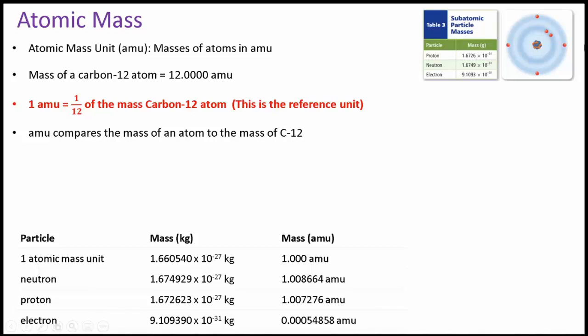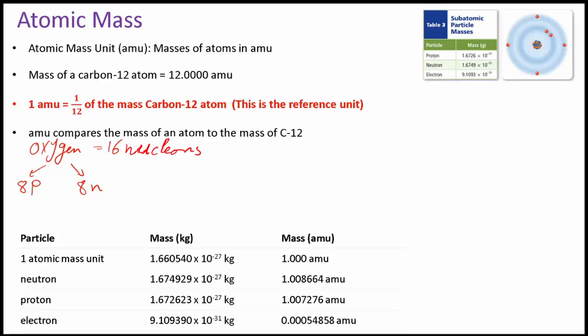They said, okay, let's take the oxygen atom. They knew at this time that oxygen has 16 particles, 8 of them are protons and 8 of them are neutrons. So we have here 16 particles.